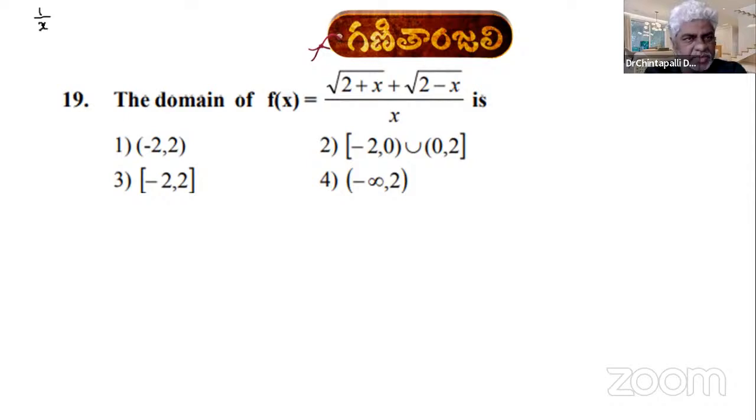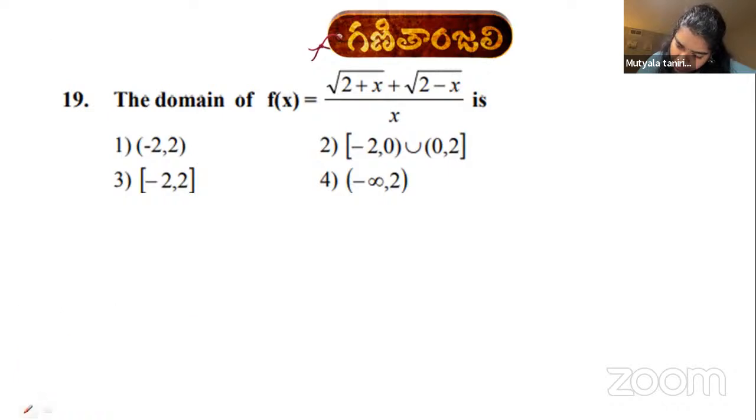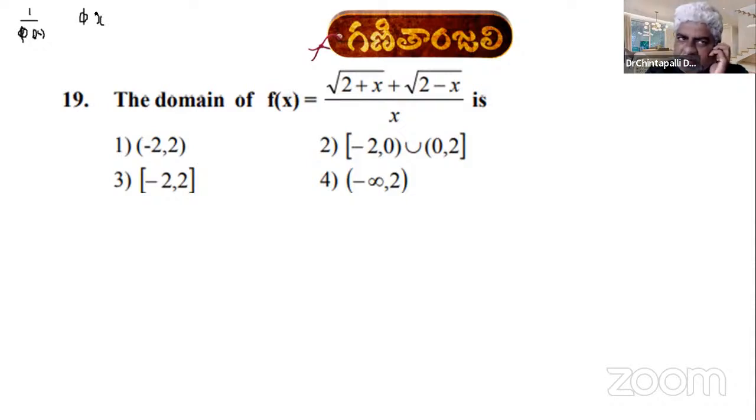For 1 by x, that means 1 by phi of x, phi of x not equal to 0. Very good.